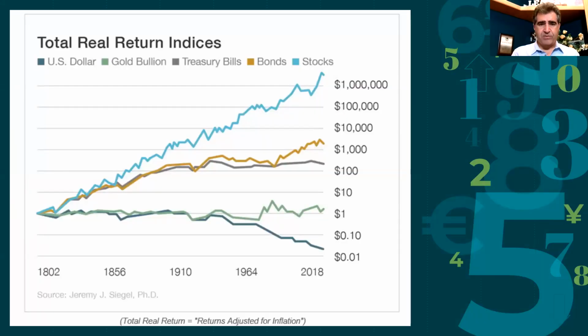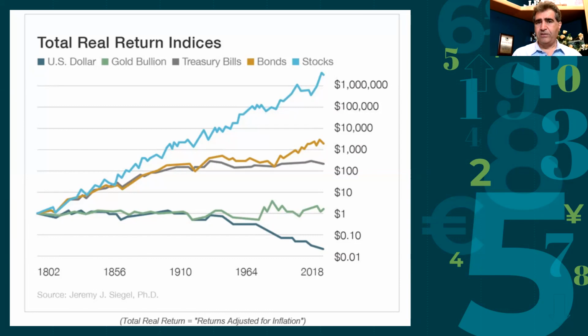I think this picture tells us, as they say, a picture is worth 1,000 words. This was done by Dr. Siegel, who looked at the value of different asset classes from 1802 to 2018. As you can see, when we look at the dollar, because of inflation, $1 in 1802 would be worth 1 penny.